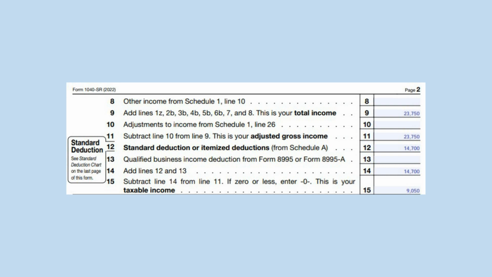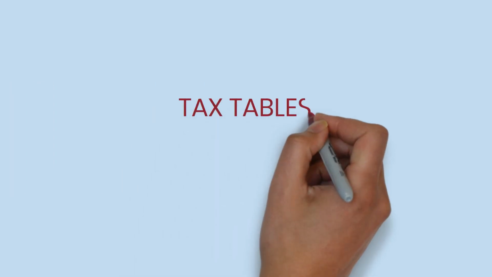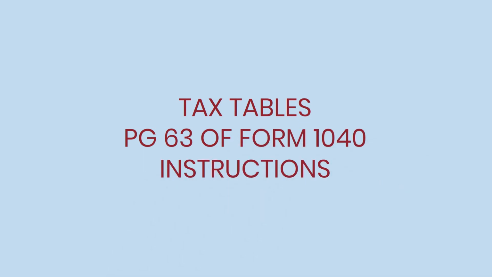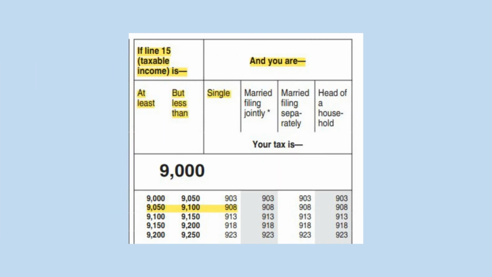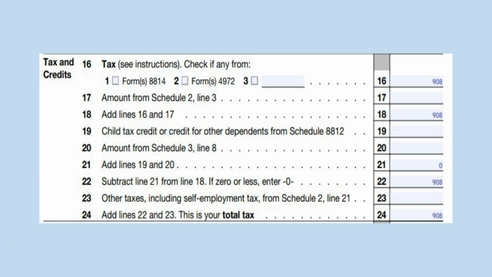Subtract line 14 from line 11 to arrive at taxable income of $9,050 on line 15. We will calculate your tax using the tax tables that begin on page 63 of the Form 1040 instructions. Since your taxable income is at least $9,050 but less than $9,100 and you are single, your tax will be $908.